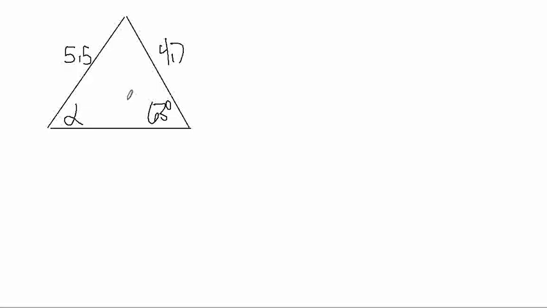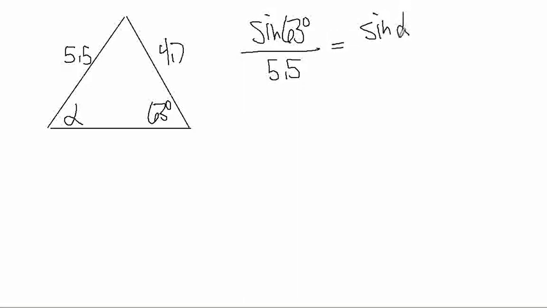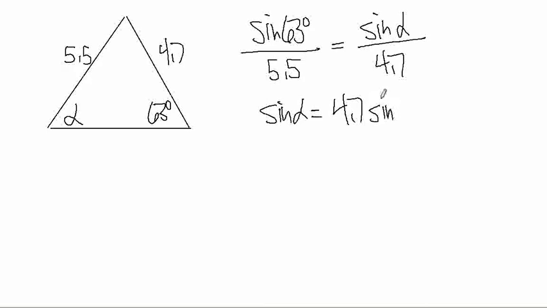Could we calculate that? And the answer is yes. We could use the law of sines. The sine of 63 degrees divided by 5.5 is equal to the sine of alpha over 4.7. Now I can isolate the sine of alpha by multiplying both sides by 4.7. And that is an expression equal to the sine of alpha.